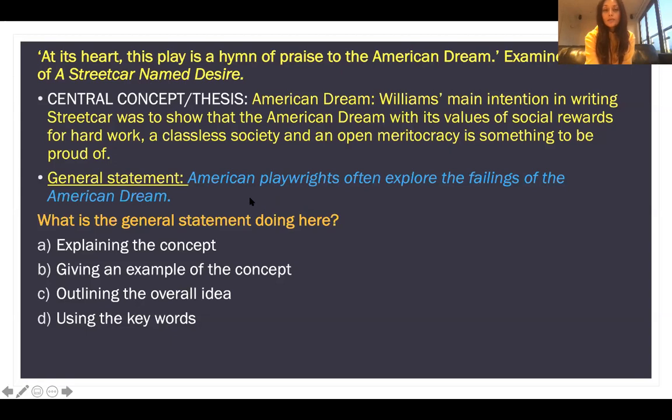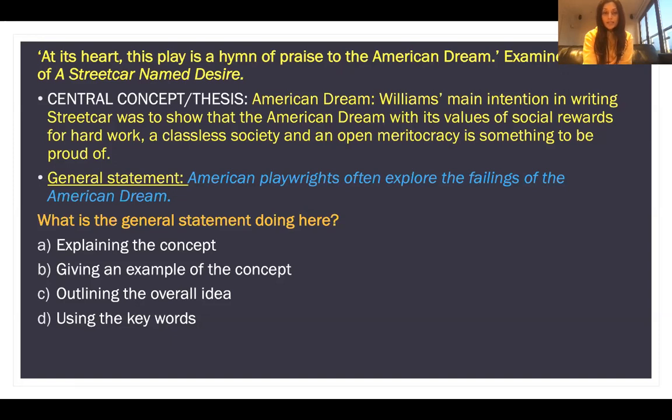Here's an example of a general statement that will answer this question and that I can write in my introduction to this question. American playwrights often explore the failings of the American dream. So I've got a quick check for understanding. You should just read that sentence to yourself again. And then I want you to have a go at deciding what this general statement is doing.